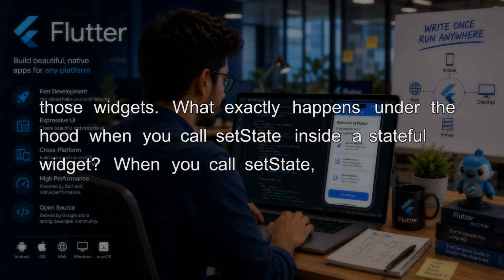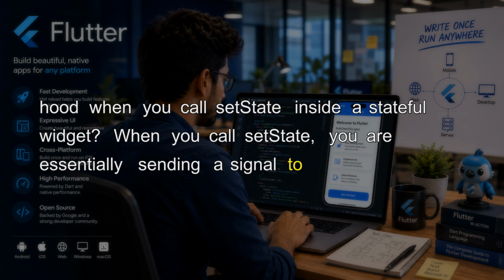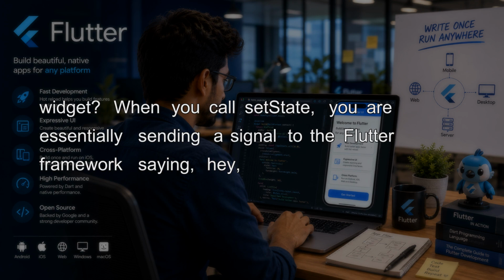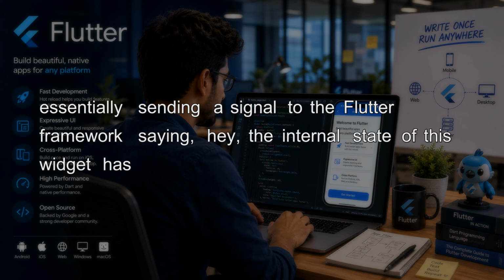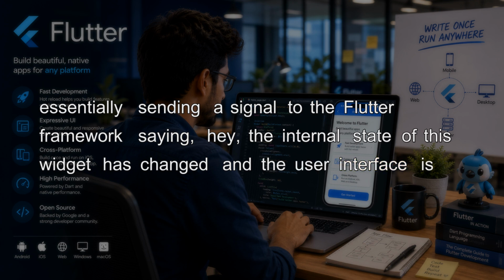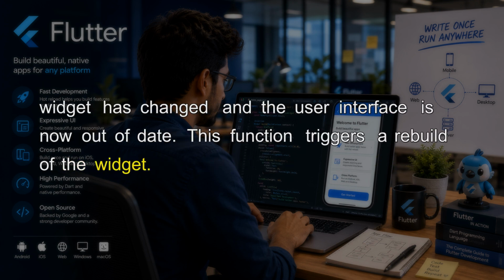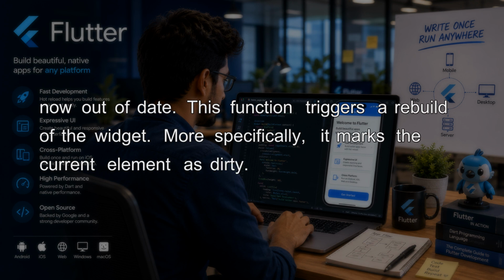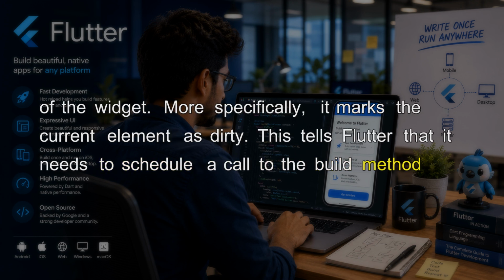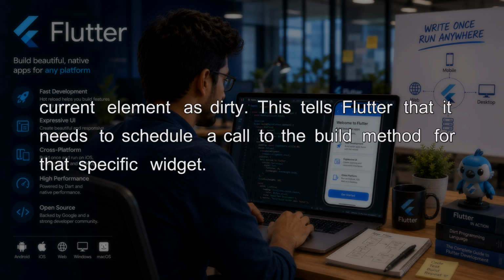When you call setState, you are essentially sending a signal to the Flutter framework saying, hey, the internal state of this widget has changed, and the user interface is now out of date. This function triggers a rebuild of the widget. More specifically, it marks the current element as dirty. This tells Flutter that it needs to schedule a call to the build method for that specific widget.